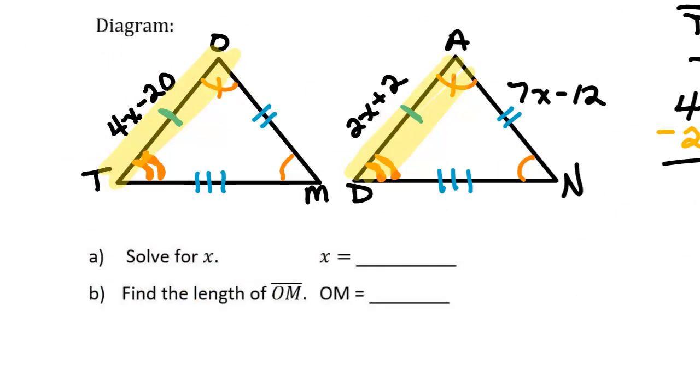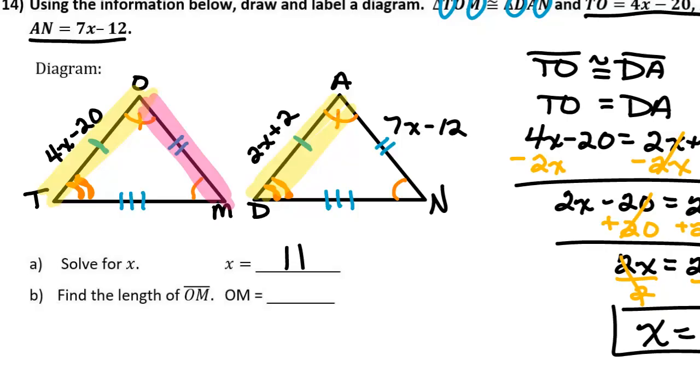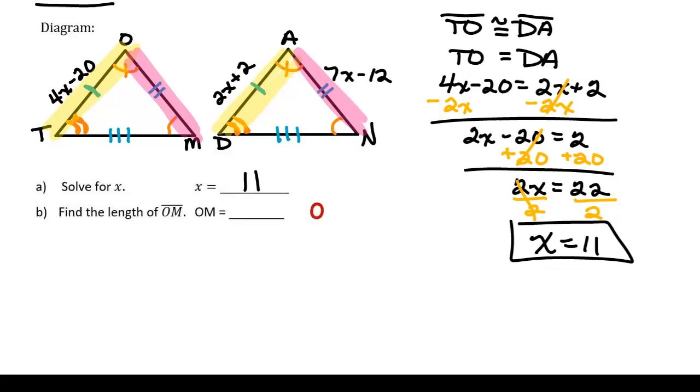We still need to find OM. OM is this side right here. What is that congruent to? AN. So OM is congruent to AN. That means the length of OM is equal to the length of AN.